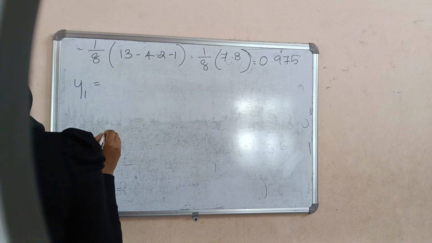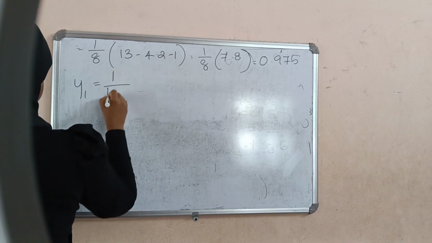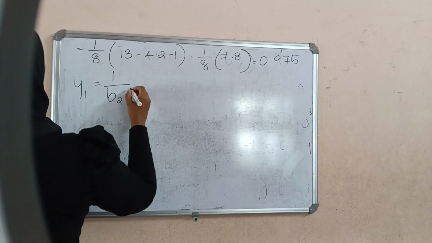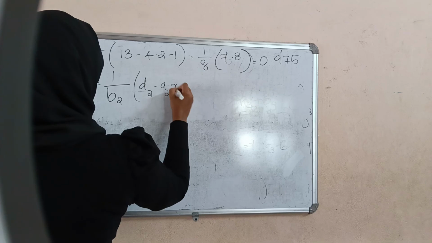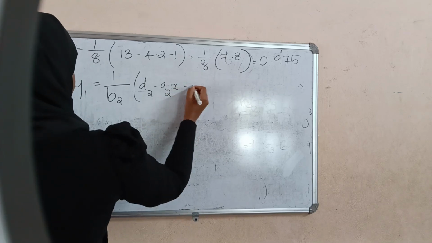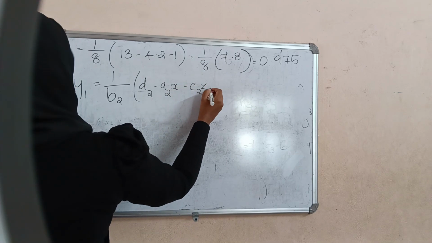Now for y1, we write the equation 1 by b2 into d2 minus a2x minus c2z.